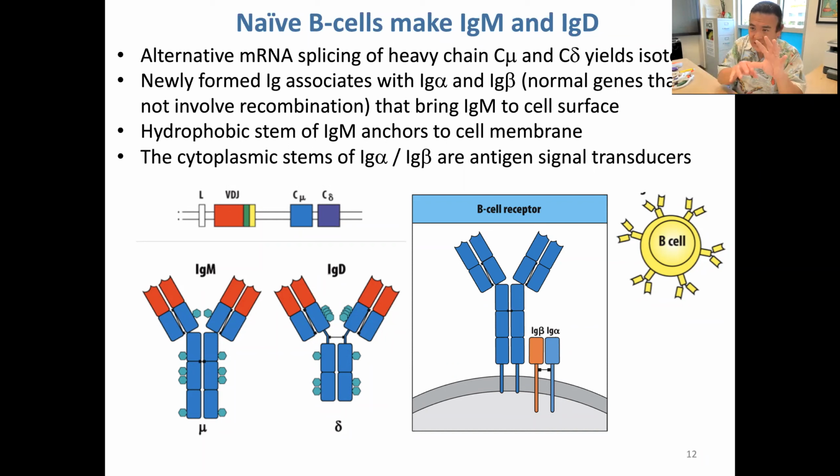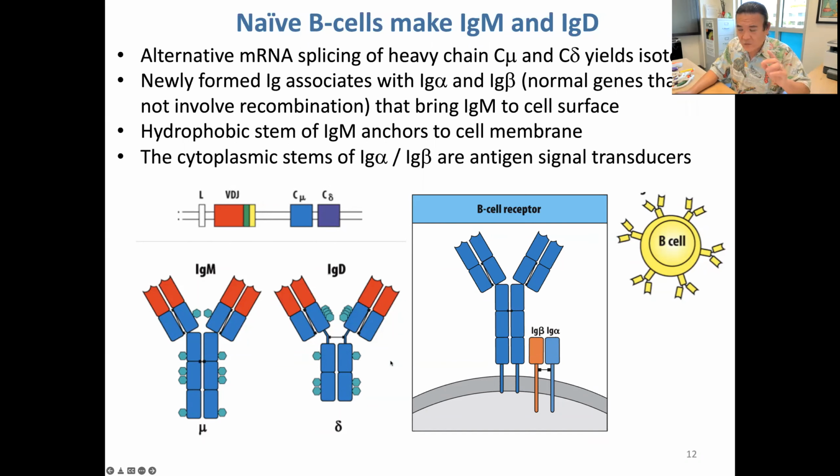But you can swap out the different stems to be able to go from making IgM and IgD at first to maybe later making things like IgG, IgE, or IgA. And we'll learn about that next time. So keep that in mind, okay?